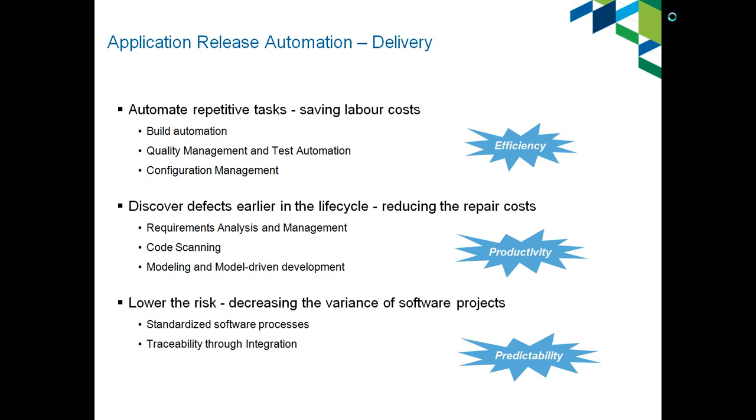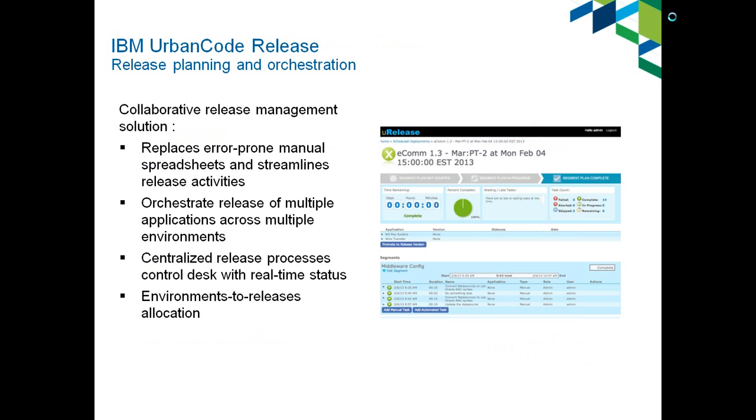Efficiency is all around the automated operations and saving the labor costs, saving huge amounts of cost of onshore and offshore resources that are performing manual operations and validation operations and testing operations. Trying to improve the productivity by allowing the team to do all of that faster and identify defects earlier in the life cycle by deploying to more test environments. And finally making the whole thing a lot more predictable, lowering the risk and decreasing the variance of software projects, and making things a little bit more standardized.